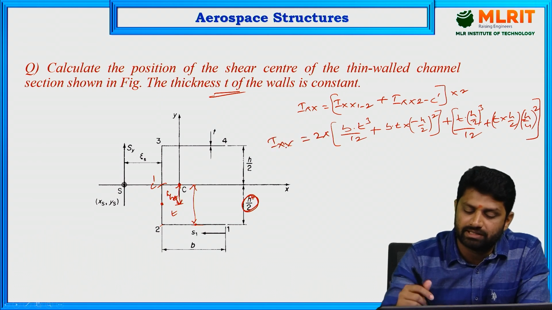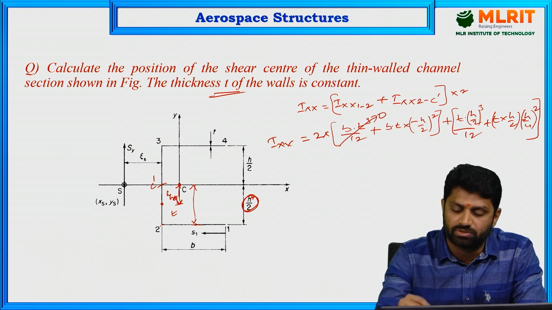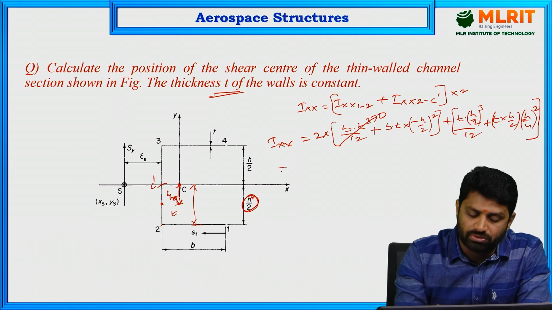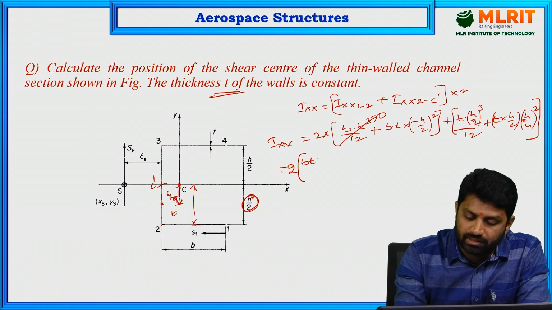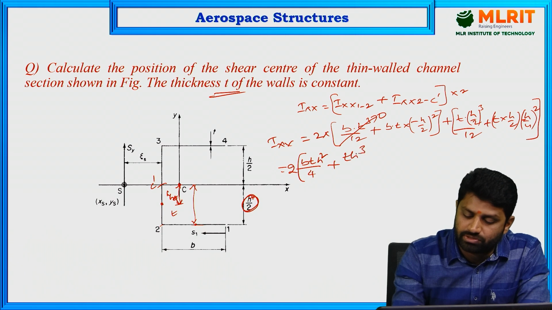And now again in this, the first term bt cube by 12, from the thin wall approximation you can make it to 0, and rest of that things you can calculate. So 2 into, and this you are going to get bt h square by 4 plus, and this one you are going to get th cube by 8 into 12, that is 96, plus this one th cube by 16 into 2, 32.